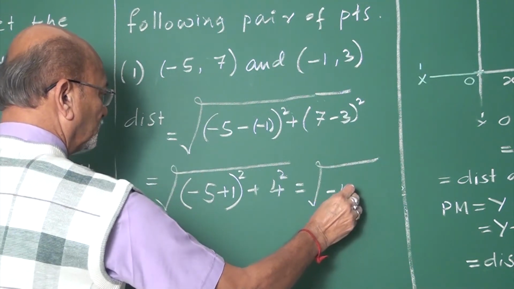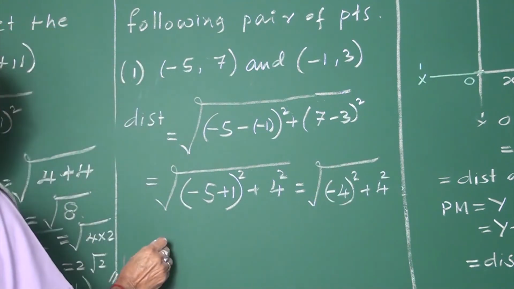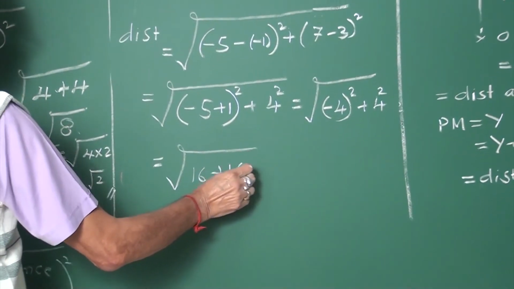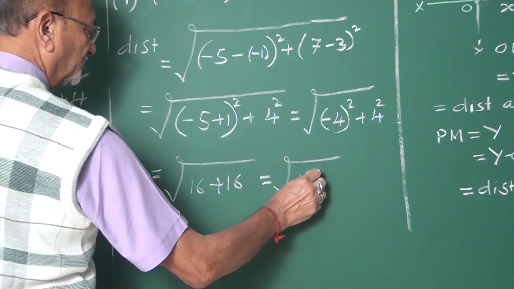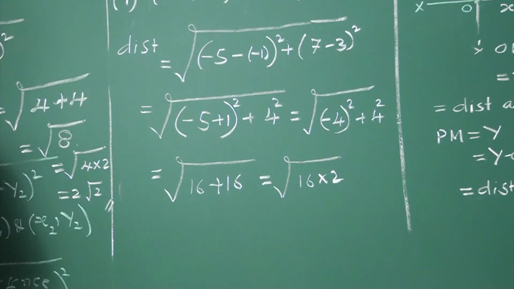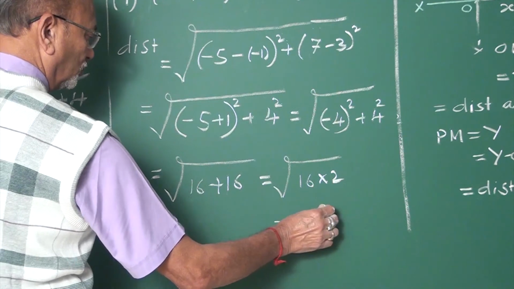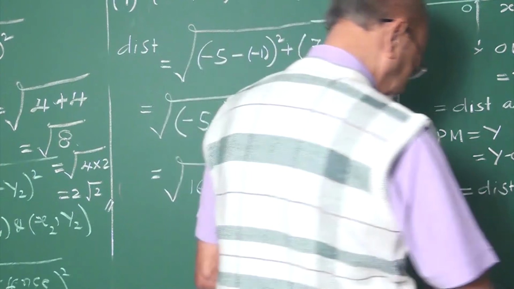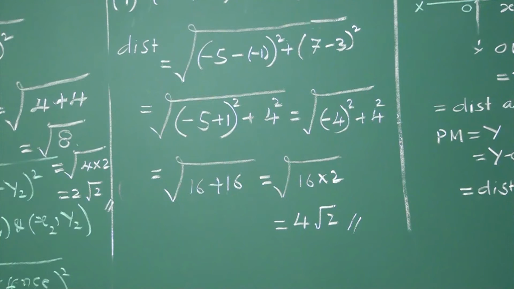It is (-4) the whole square plus 4 the whole square, square root of 16 plus 16. What is this? It is 32, which is 16 into 2, the square root of 16 is 4, which is 4 into root 2. Simplify. Next one.